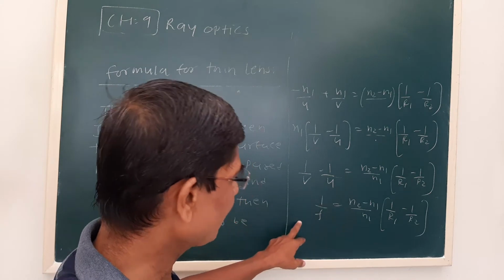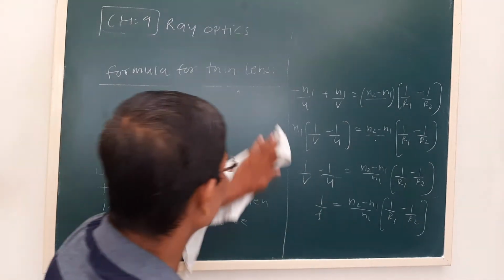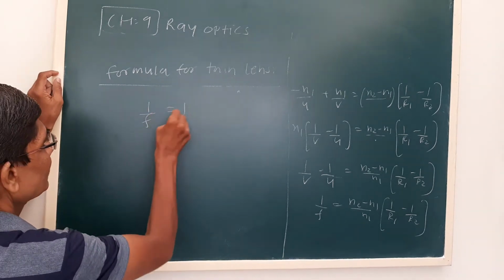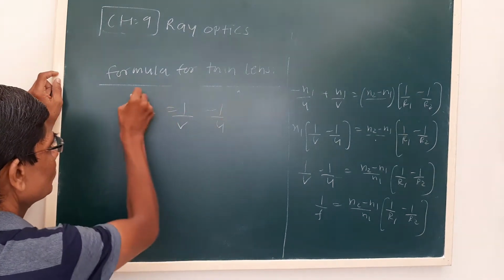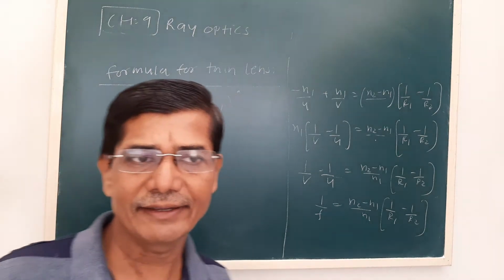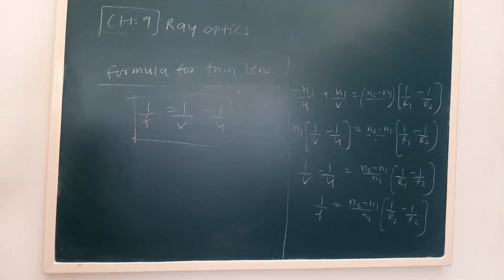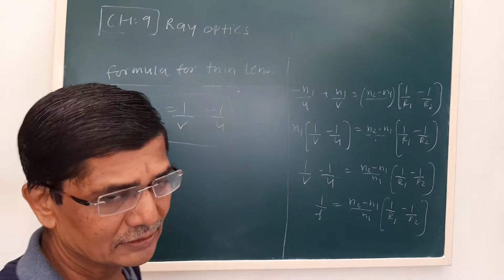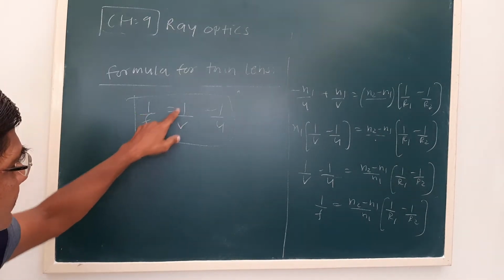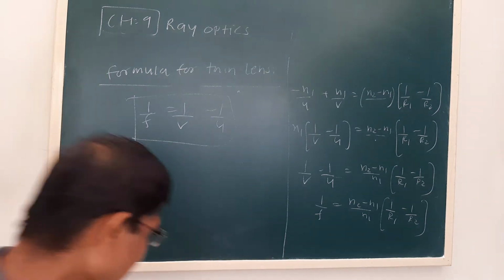So if I compare these, the equation for the thin lens will become 1 upon f is 1 upon v minus 1 upon u. Okay, this is the equation for the thin lens. Now see mirror formula, we have seen 1 upon f is equal to 1 upon v plus 1 upon u, whereas for the thin lens the equation will become 1 upon f is 1 upon v minus 1 upon u. Now this is a very important equation.